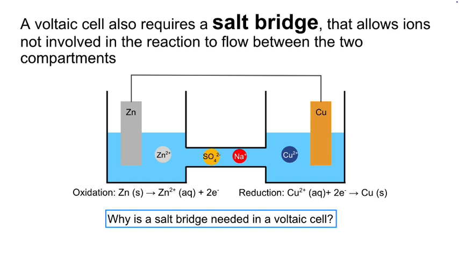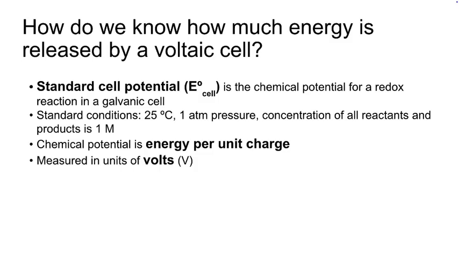We're going to reference this kind of diagram again in a little bit. So how much energy is released by the voltaic cell? This comes back to our cell potentials. What we've gone through and done is looked at individual reactions. We defined the state at which we're looking at them.